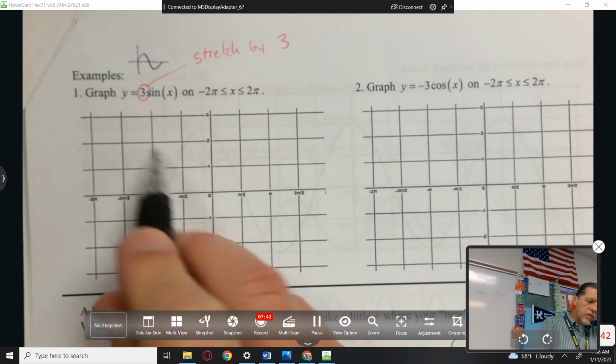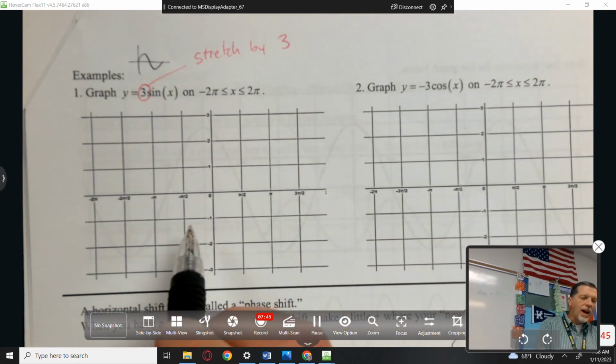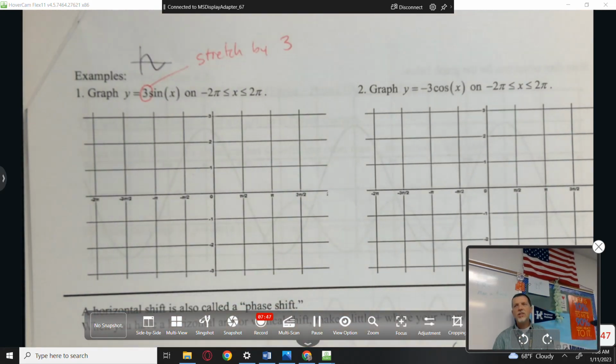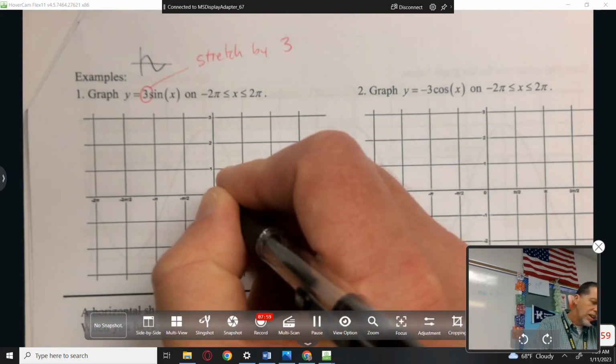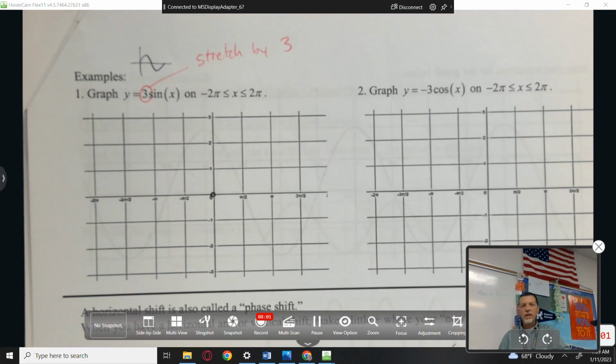So where am I going to start my graph? Where does sine start? 0. If I stretch that by 3, where does it go? That's a bit of a trick question. It doesn't, right? If you multiply 0 by 3, you're still at 0. You stretch it, but if you're at 0, you didn't get stretched anywhere.